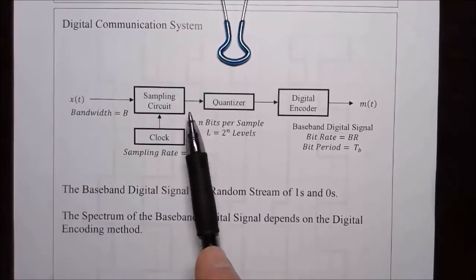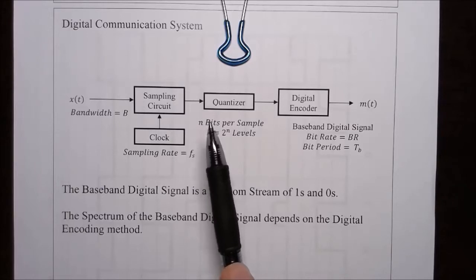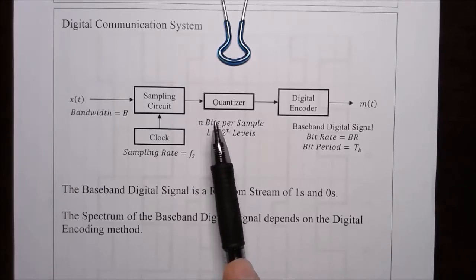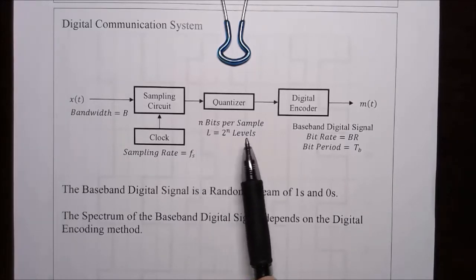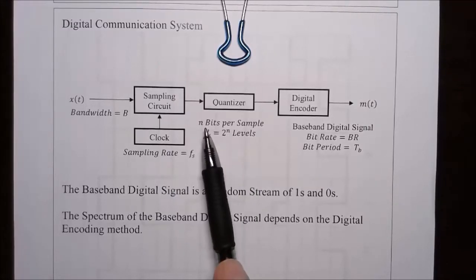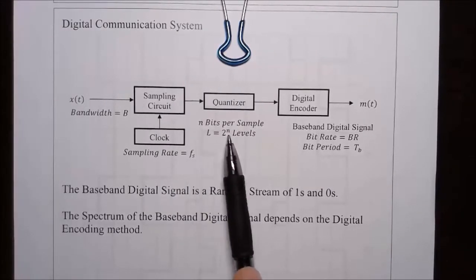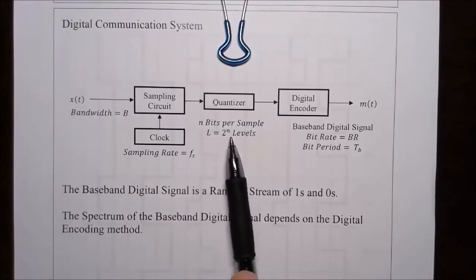This sampled signal is then applied to a quantizer, which takes the sampled values and rounds them off to the nearest standard value as established by the number of bits used in the quantizer. In this process of rounding off the sampled values, noise is induced into the sampled signal, which you can never get rid of.